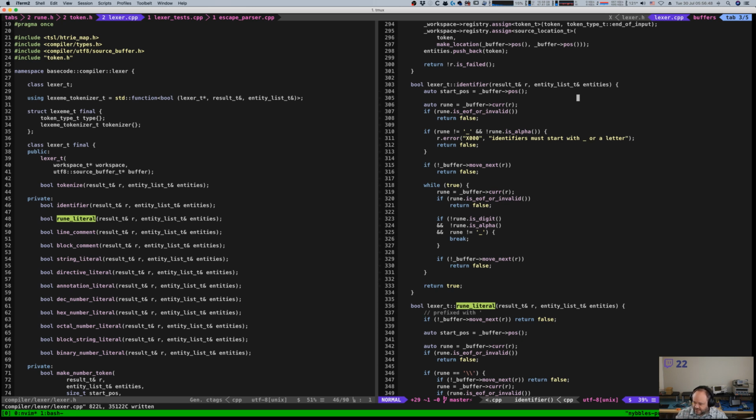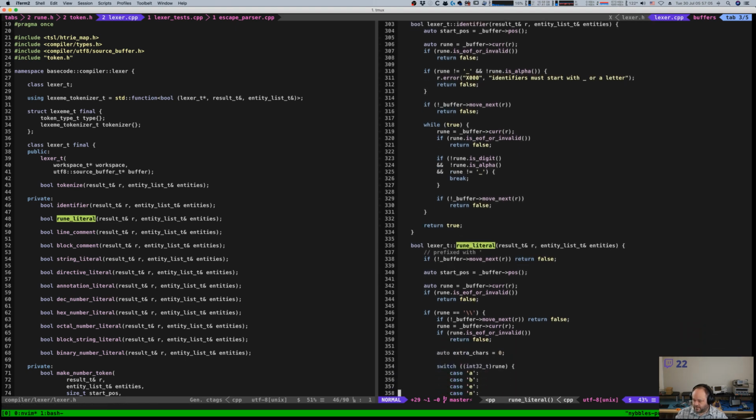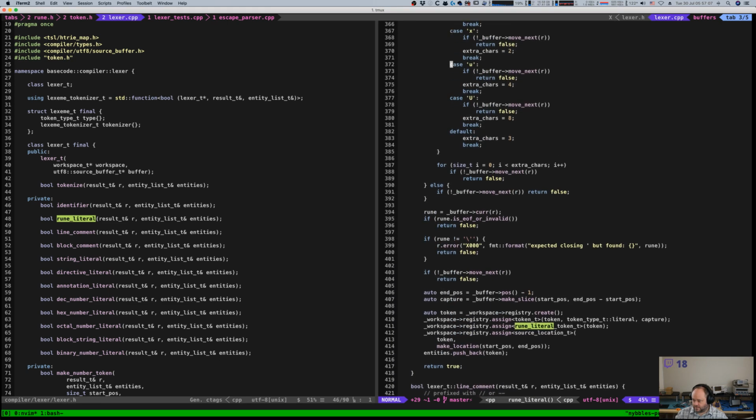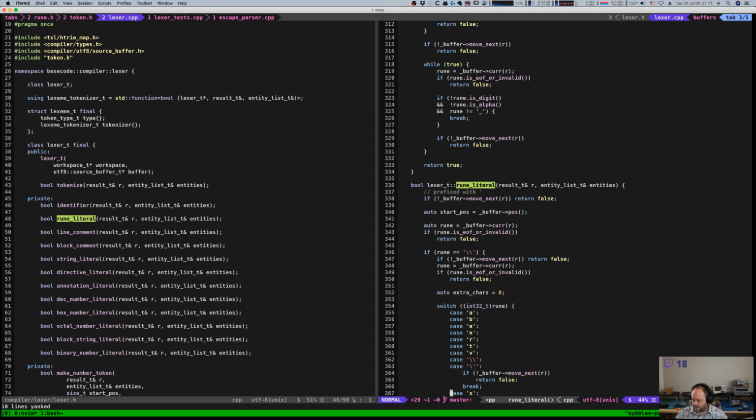If it's not a digit, not a letter, and not an underscore, in other words, we've hit a character that is not part of our identifier, we stop. Otherwise, we move to the next character. And then we come down here. We're going to create our token.